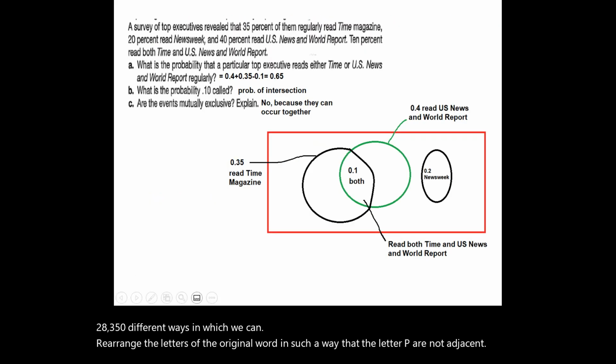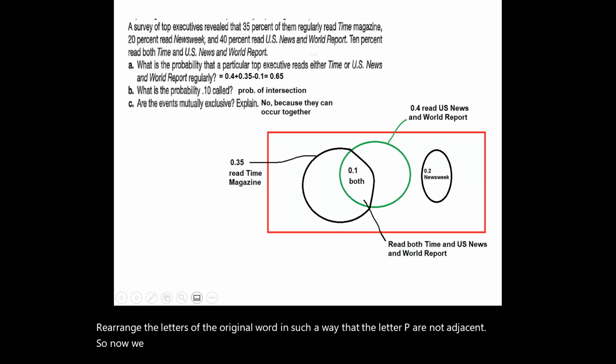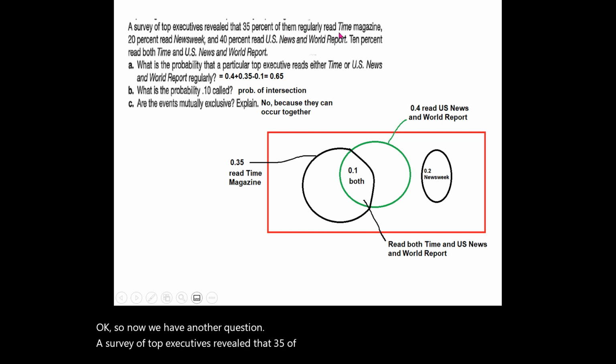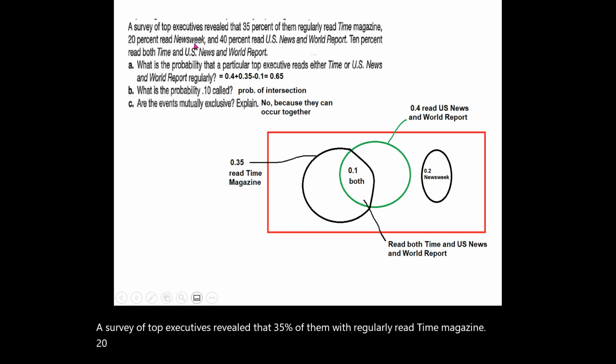Okay, so now we have another question. A survey of top executives revealed that 35% of them regularly read Time magazine, 20% read Newsweek, and 40% read US News and World Report.